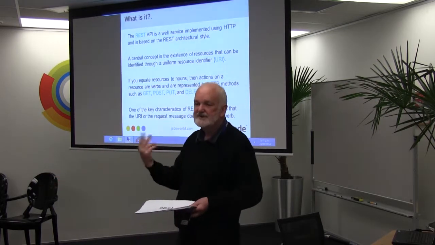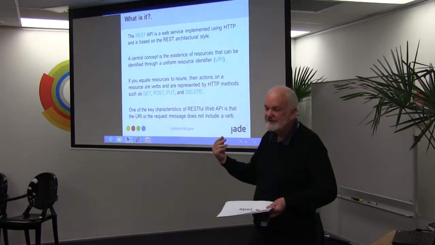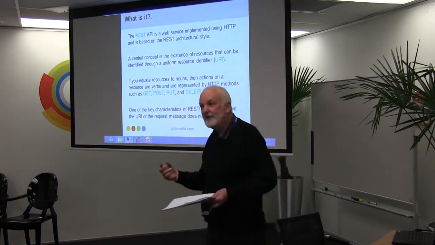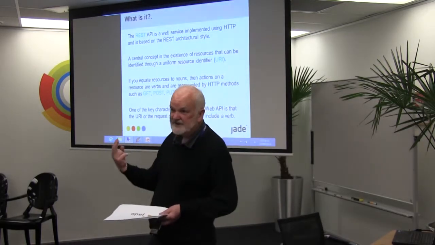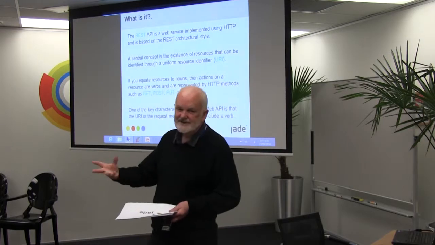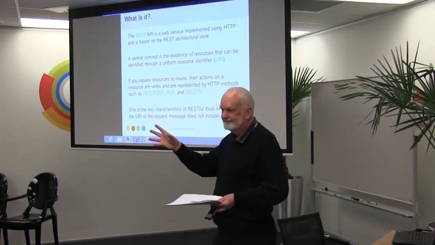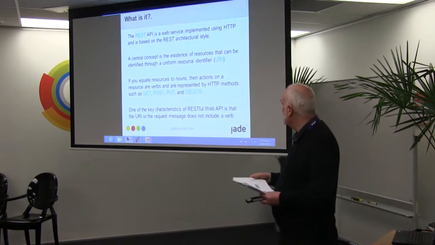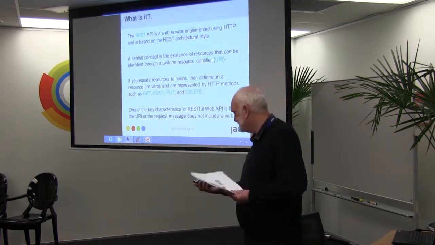The get, obviously, is you're retrieving something. Delete is obviously deleting something. And I put the post, I can never remember which way around they are. One is the create of an object and one is the update of an object. But how you actually implement that in your system is probably up to you, because in the end you're calling a method, and what you do in that method is how you implement that aspect.